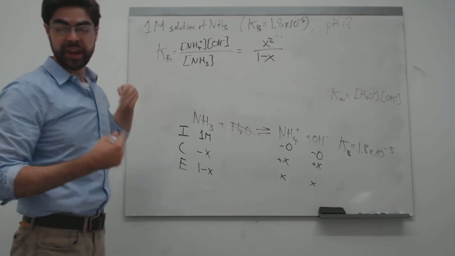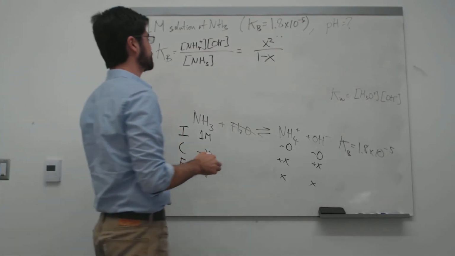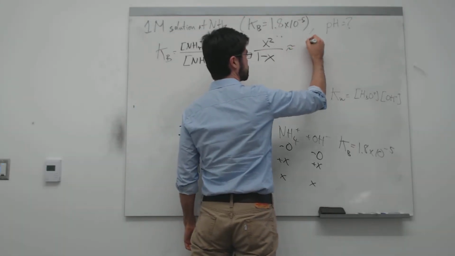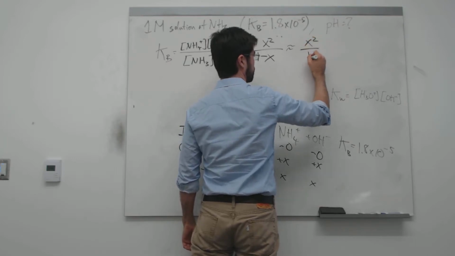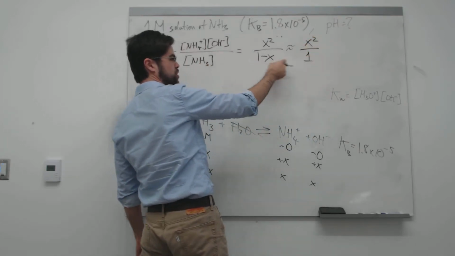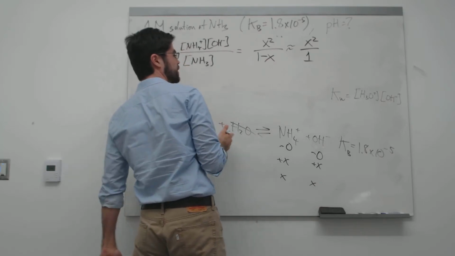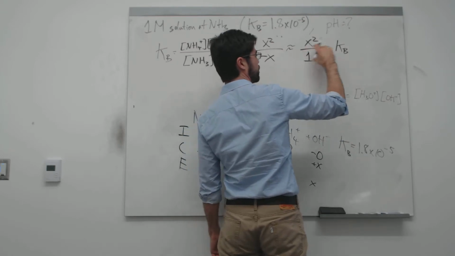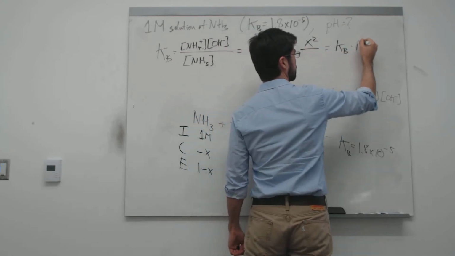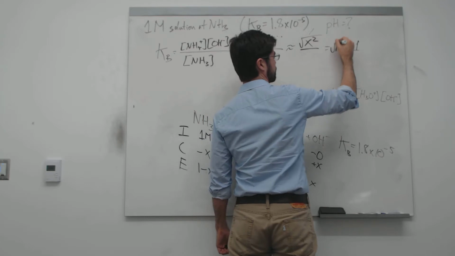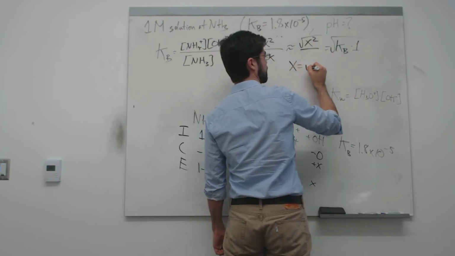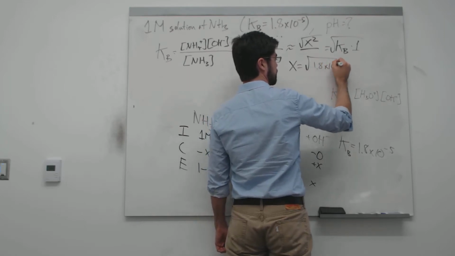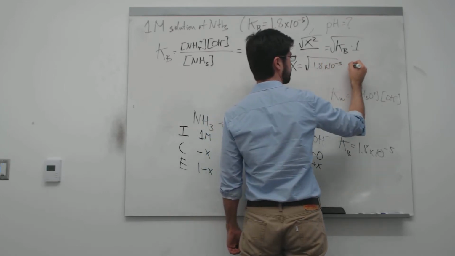If I make the same approximation we've been making previously, I would assume x is small, so this should be approximately equal to x squared over 1. 1 minus something small is approximately equal to 1, so that should be equal to Kb. So if I multiply over the 1 and take the square root, I have that x is equal to the square root of Kb, which is 1.8 times 10 to the negative 5.